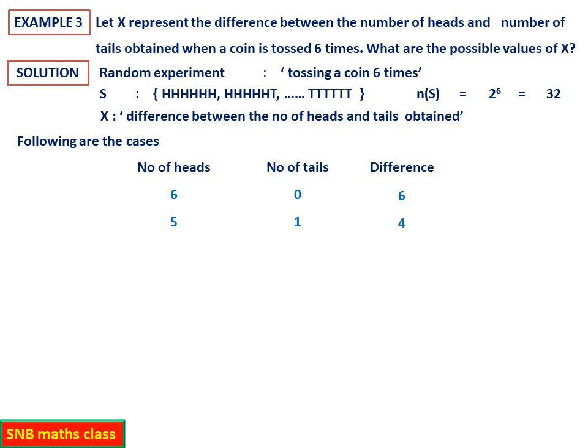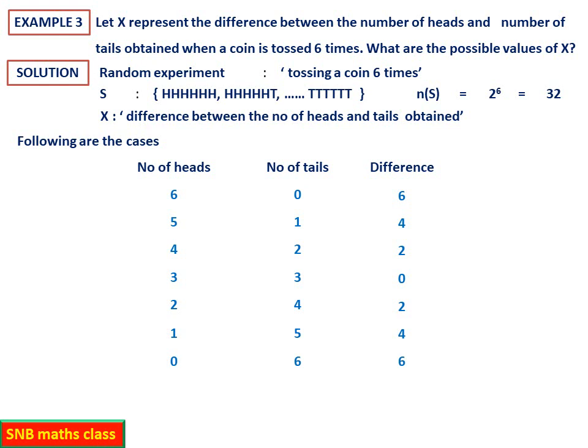Then the next one is 5 heads and 1 tail, so it is 4. Then 4 heads and 2 tails, it is 2. Note here, next 3 and 3, of course 0. Then 2 and 4, it is not minus 2, it is 2, because difference. So we are not talking about the minus or plus here. So 1 and 5, it is once again 4, and 0 and 6, it is 6.